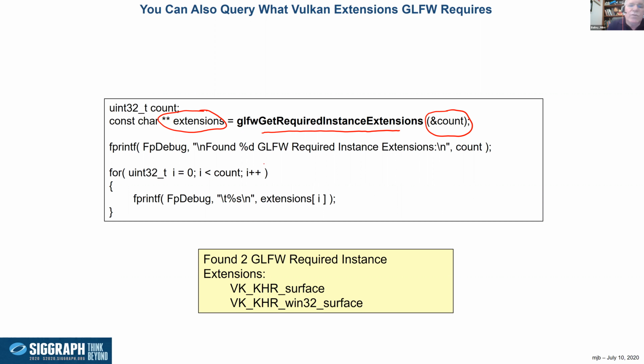And then what you do is you go through that list. There are two Vulkan extensions that GLFW absolutely has to have, and it's these. And so this will tell you what extensions you've got in the Vulkan you're running, and you'd better see those two. Notice the Win32 is only if you're on Windows. But this is something you need to do just to make sure that you're on a system that can actually do what you're about to ask it to do.